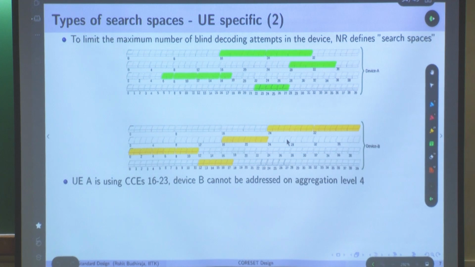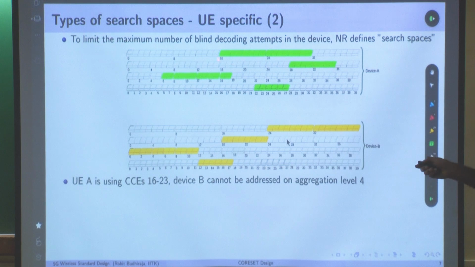What are we saying here? Look at it in more detail. So UEA is using CCE 16 to 23, correct. Device B cannot be addressed on aggregation level 4 at these 16 to 23. What am I saying here? If UEA is using 16 to 23 at aggregation level 8, this 16 to 23 is included as search space for UEB also at aggregation level 4.